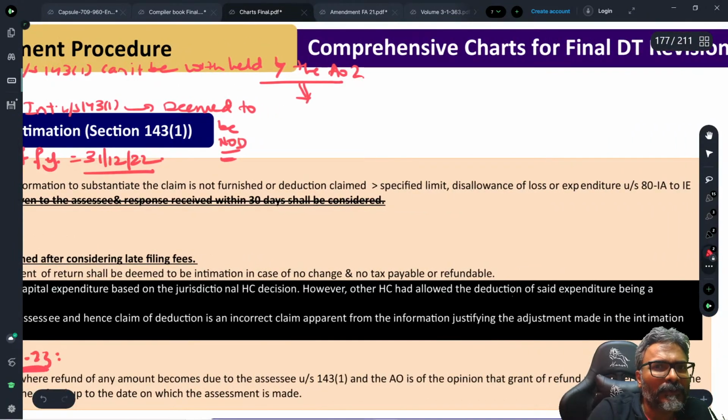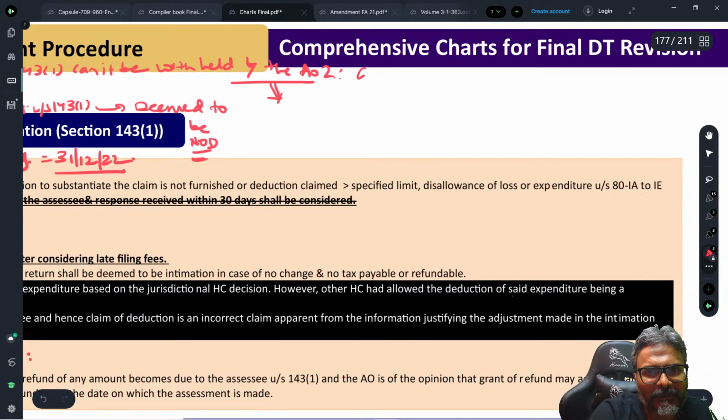Why he wants to withhold the refund, he needs to have the ground. So the ground in this particular case to withhold the refund is this.